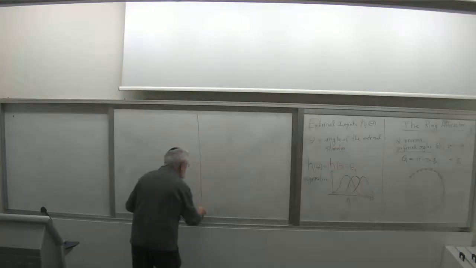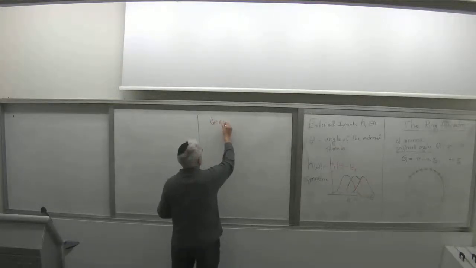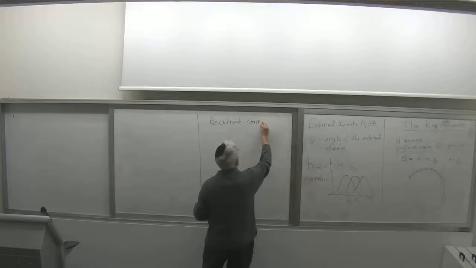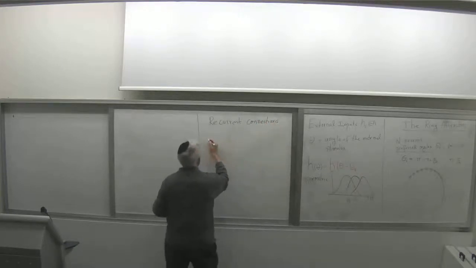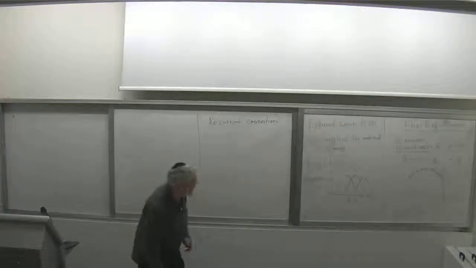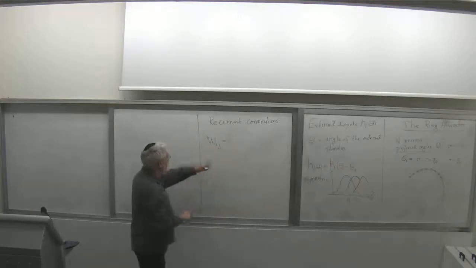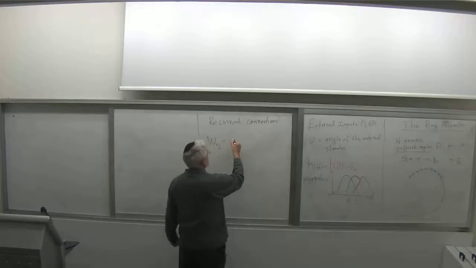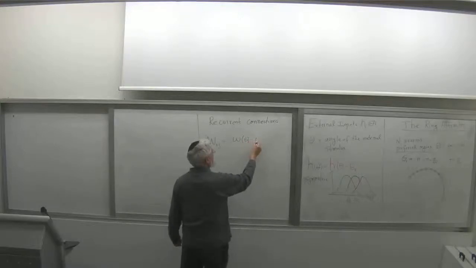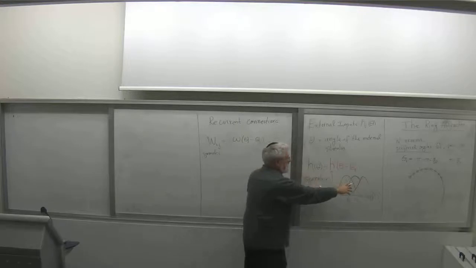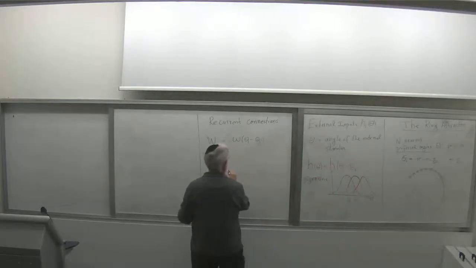So I'm going to assume that there are recurrent connections, and we call it W, I, J, the interaction between the presynaptic neuron J and postsynaptic neuron I. Again, it is some function W of theta I minus theta J. And again, we're going to assume that it is symmetric and has a single peak. It's not a complicated structure.